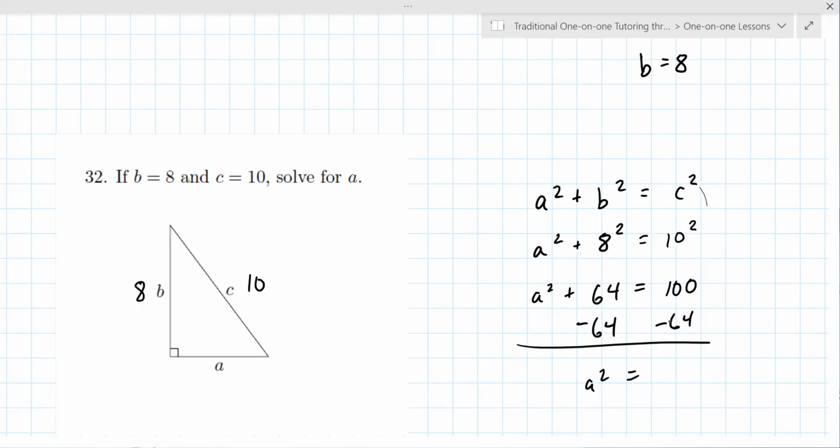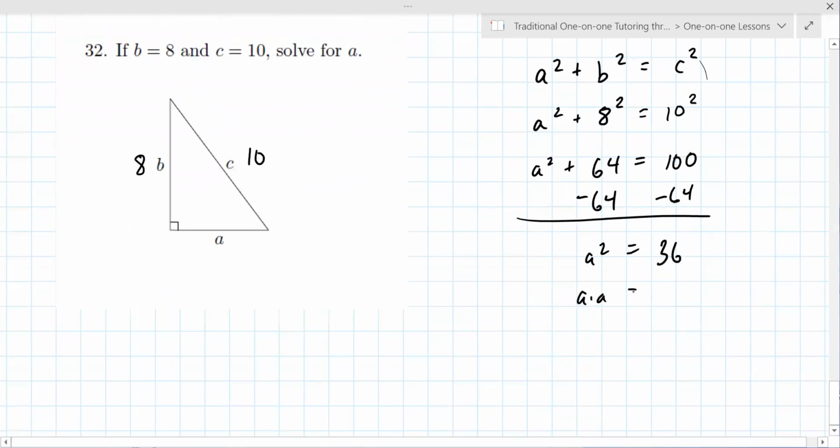Perfect. Okay, now what number times itself is 36? One number that equals 36. What number times itself, that is going to be A. That is going to be 6. A is 6. Perfect. Good.